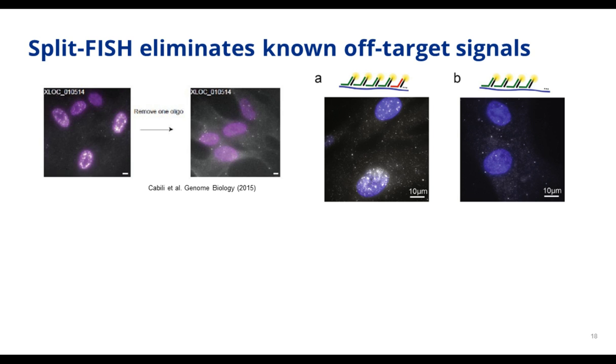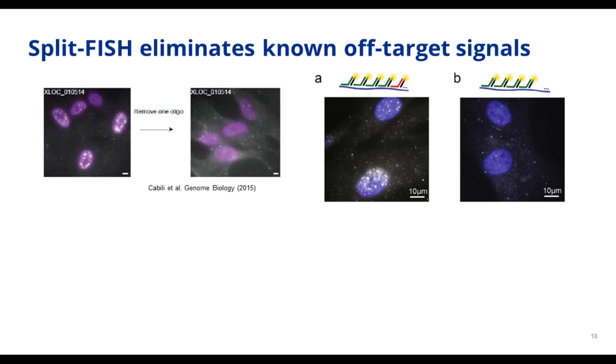We went to the literature and found a very interesting example. In this paper, the authors were imaging a lot of non-coding RNAs, and they were very robust. They were doing these two-color co-localization tests to check that their signals and images are accurate.